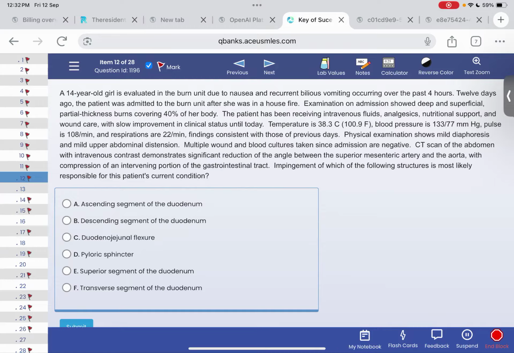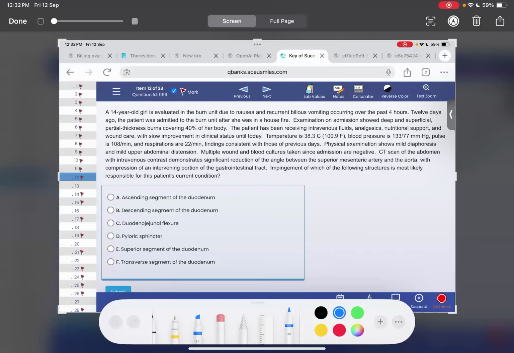Just go to the artery. Are you telling me to read only the main stem? No, first of all, read the question. For example, here they are asking: impeachment of which of the following structures is likely responsible for this patient's current condition. So you know this question is of anatomy.